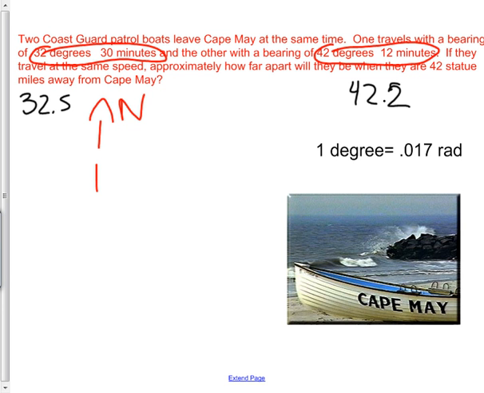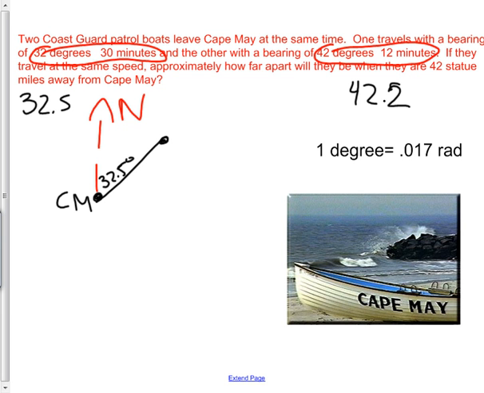If they travel at the same speed, approximately how far will they be when they are 42 statute miles away from Cape May? So we'll say this is Cape May, CM. And the first one has a bearing of 32.5. So we'll go here, and this is 32.5 degrees. That's our first boat.